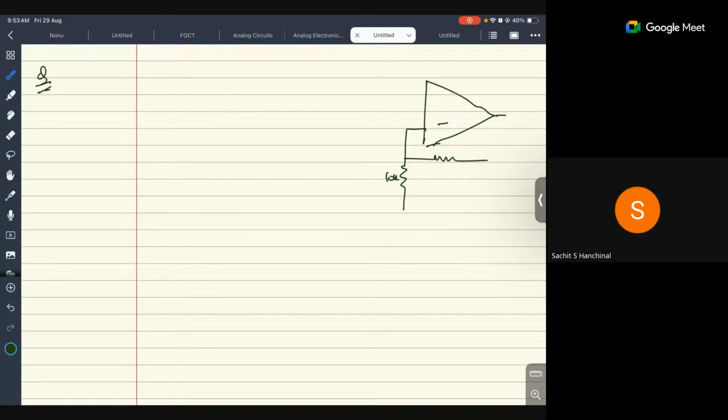Here it is connected with 10K. V out, RL. Here we apply V in, 20 and 30K. That is positive.